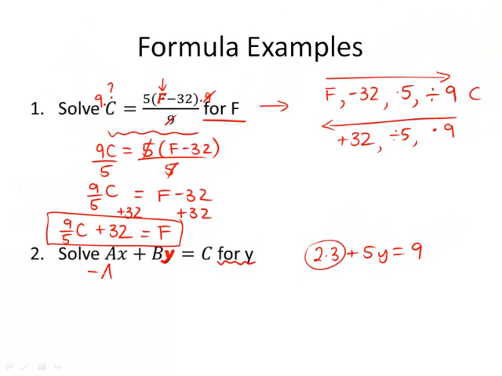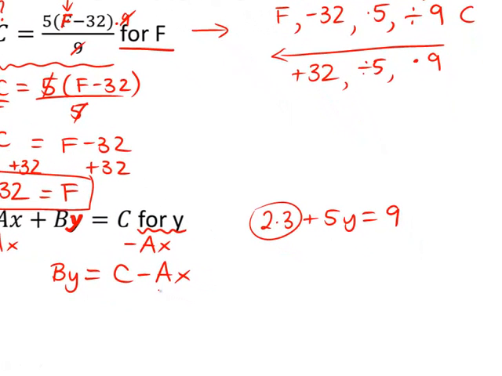So you subtract the ax term from both sides, leaving you with by equals c minus ax. Now, all that's left to do to get y by itself is remove the b, and the b is attached to the multiplication. So we oppose that, and we divide both sides by b, canceling that out.